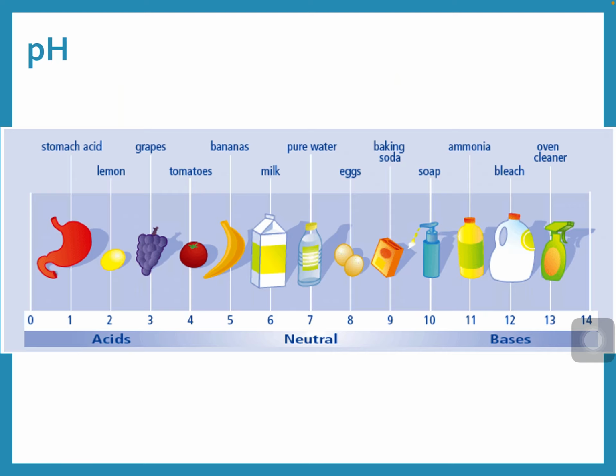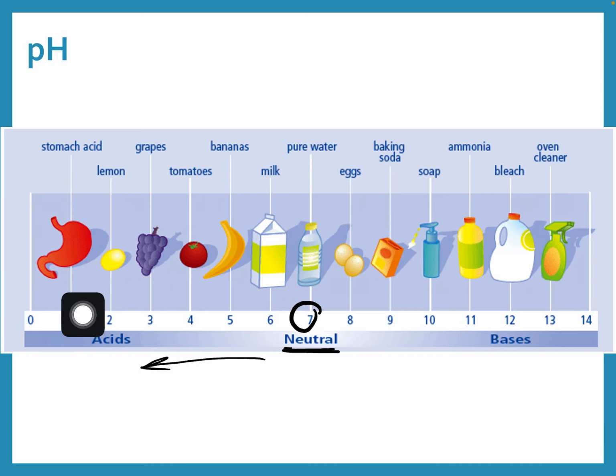So how we measure whether something is an acid or a base, we use the pH scale, and we're going to learn more in depth about that in 4U. So the pH scale runs from 0 to 14 with 7 in the middle. So 7 means that something is neither an acid nor a base, so it's neutral. And then under 7, something is an acid.